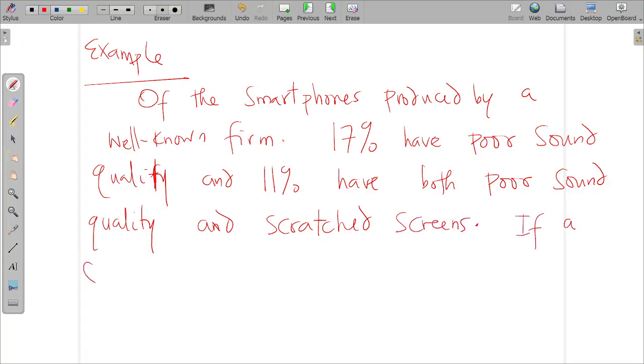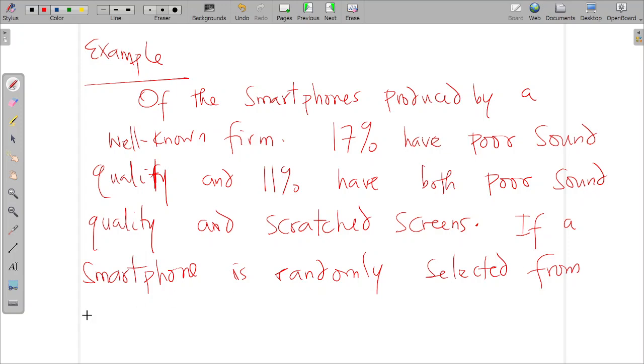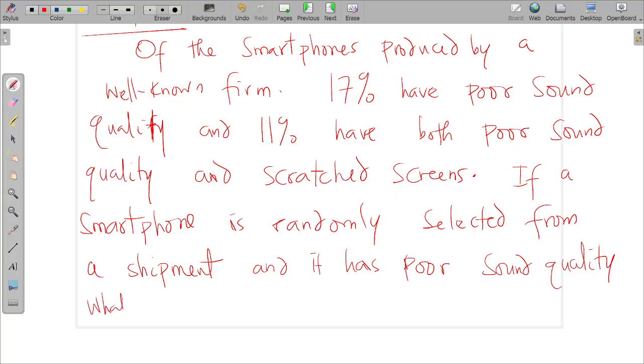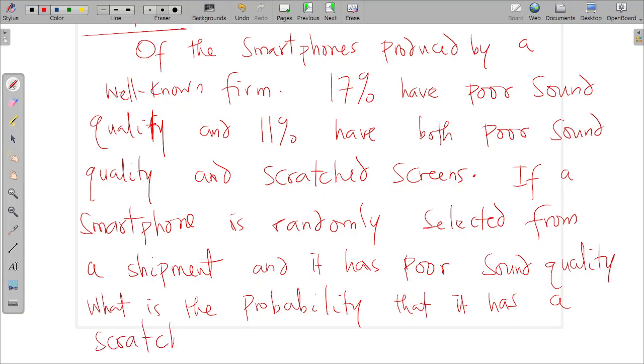So if a smartphone is randomly selected from a shipment, and it has poor sound quality, what is the probability that it has a scratched screen?